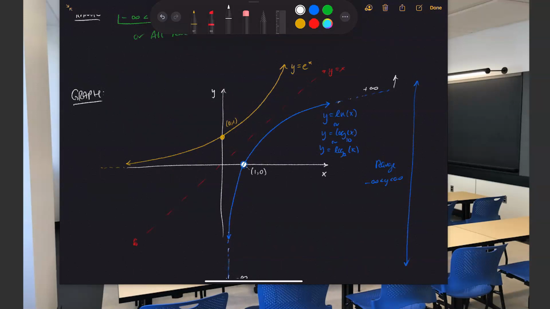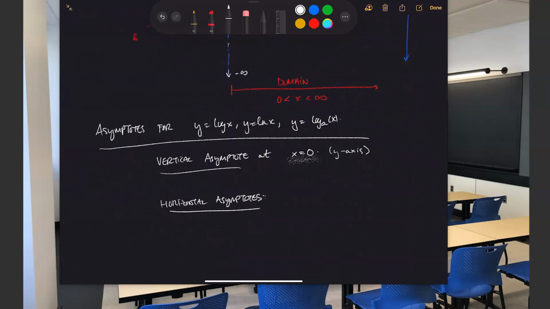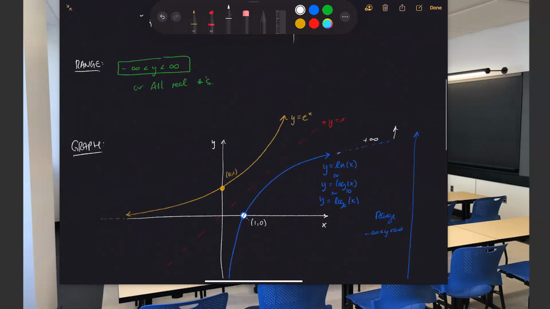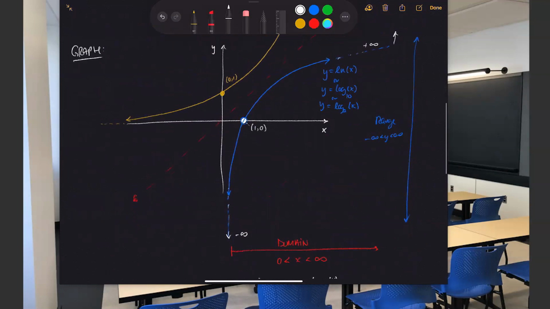It's not going to settle to some value. Even though it looks like it's getting slower, it is concave down. We'll talk about that in a second. But it does still increase without bound. So there are no horizontal asymptotes. And again, this should make sense because there were no vertical asymptotes for exponential functions. So that means that there would be no horizontal asymptotes for logs.